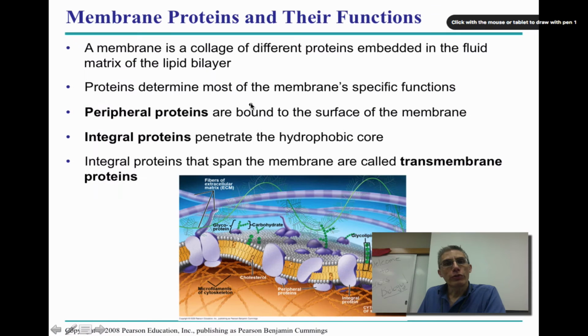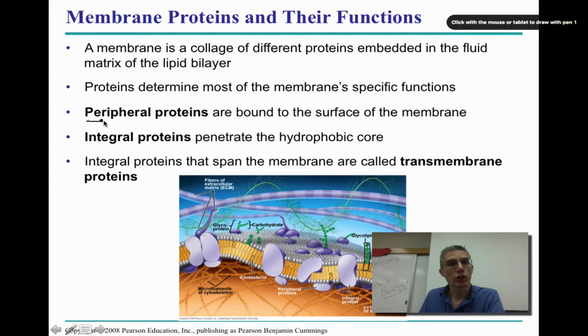So the membrane proteins are a very important part of the cell membrane. A membrane is a collage, which basically means a very large variety of different proteins embedded within the fluid matrix of the lipid bilayer, and you can see that being represented right down here. Proteins are going to determine most of the membrane-specific functions, in other words, what it's going to do. We have different types of proteins.